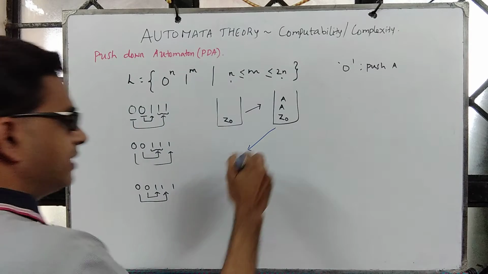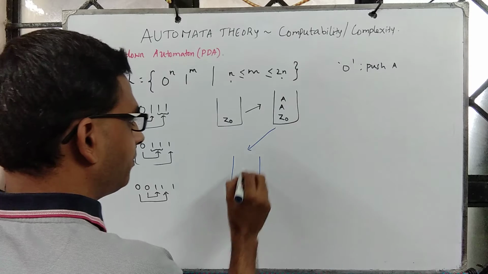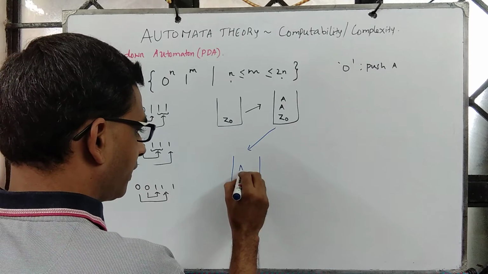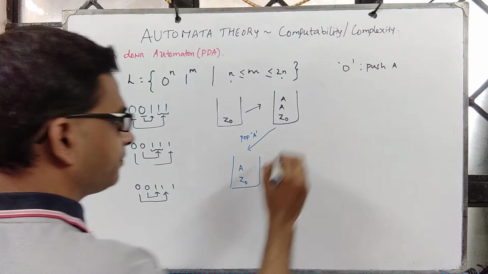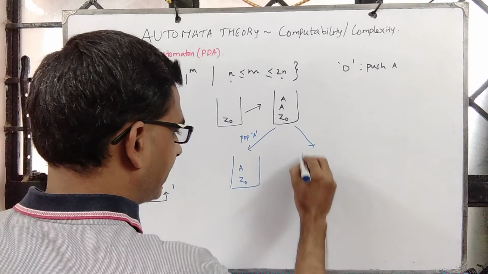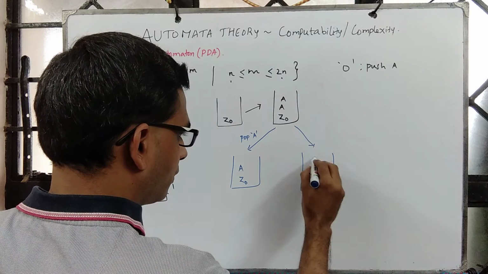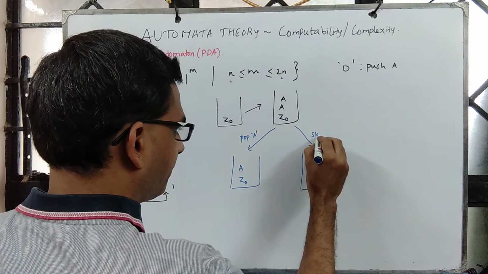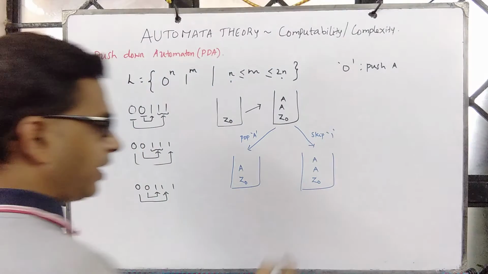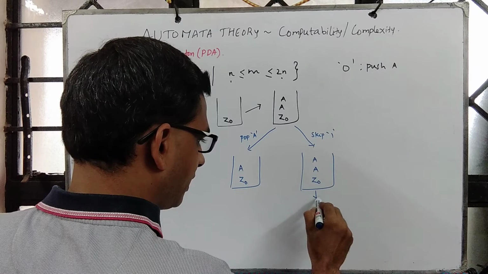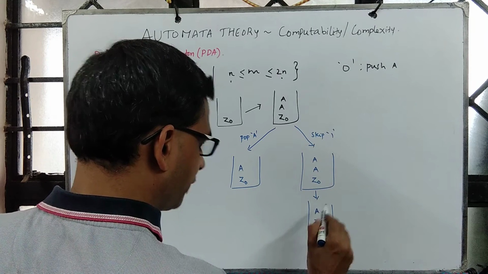One says you perform pop A, that is one branch. Another one says do not pop now, you skip. So skip that one. And in the next iteration it says you pop, so this is what you get.